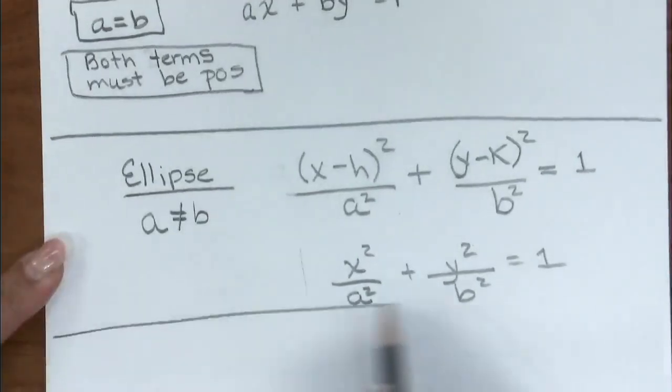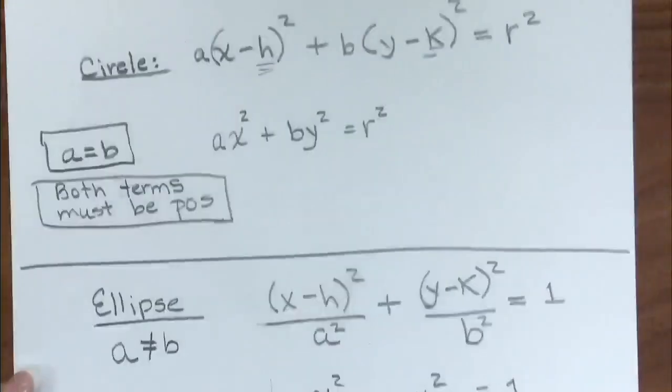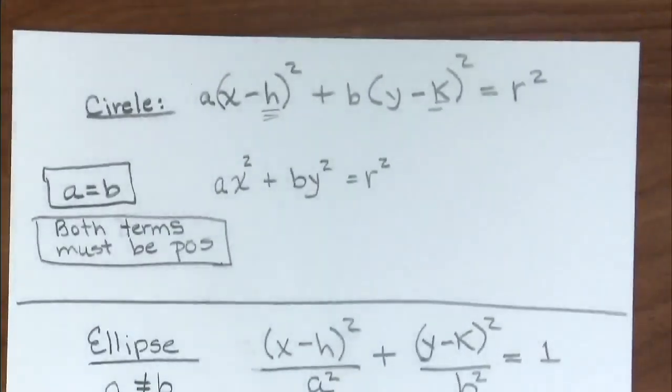Okay, so that's an ellipse. So basically it's like this. If you're looking at it and you're thinking it's a circle, let's say you see something like this, just look for these two to be different. The minute that they're different, it's not a circle, it's an ellipse.